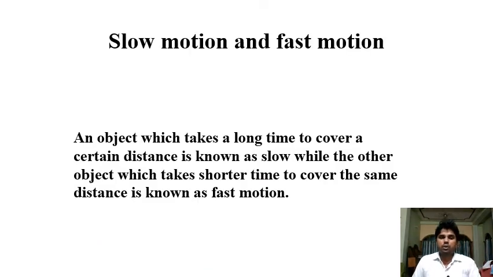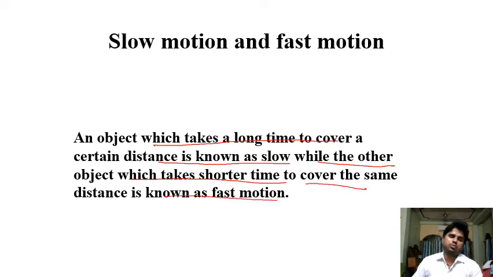Okay, so what do you mean by slow motion and fast motion? An object which takes a long time to cover a certain distance is known as slow motion, while the other object which takes a shorter time to cover the same distance is called fast motion.